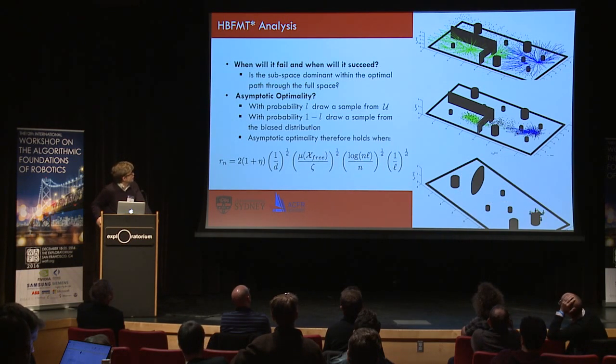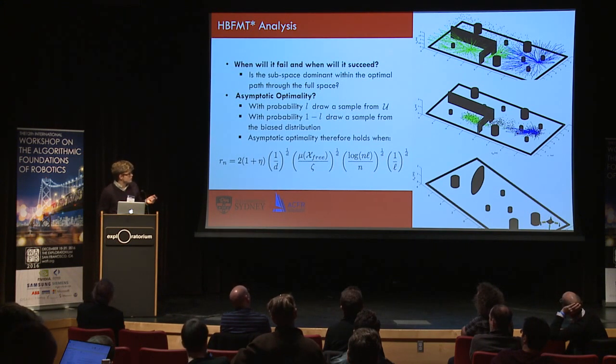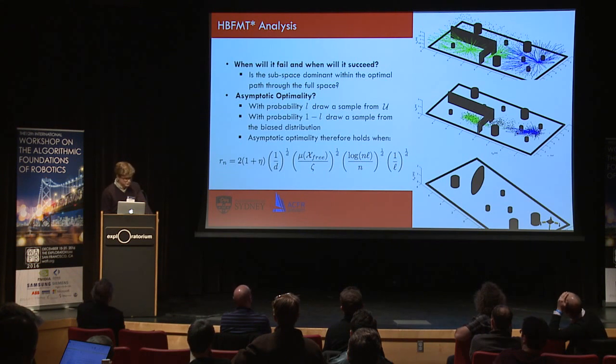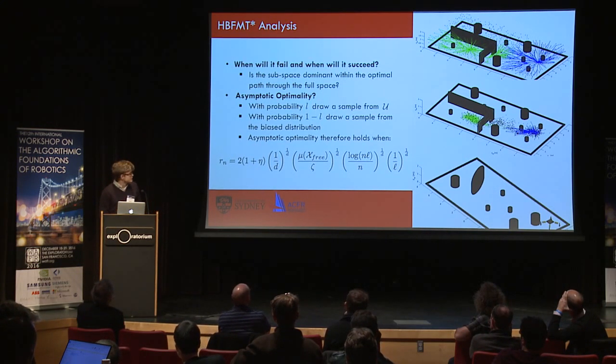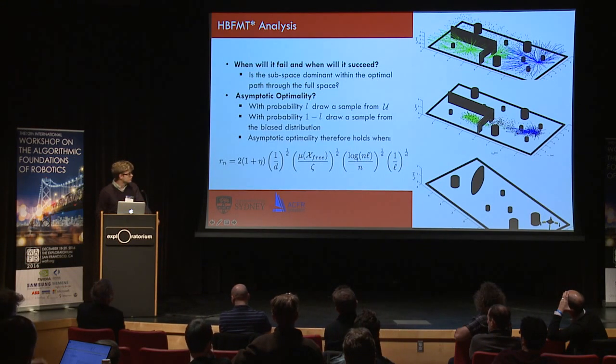Now, for asymptotic optimality, we have taken the proof of asymptotic optimality for FMT star and the observation made by the authors regarding non-uniform sampling densities, and we incorporate this tuning parameter L. We make sure that with L probability we sample from a uniform distribution, so that we can still maintain these asymptotic optimality guarantees. And for the radial case of FMT star, we basically incorporate these two terms.